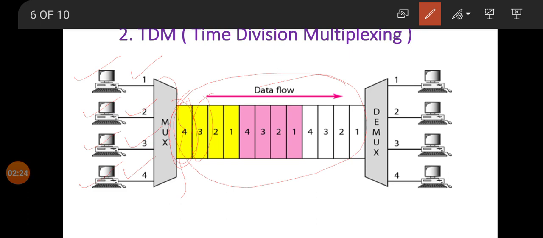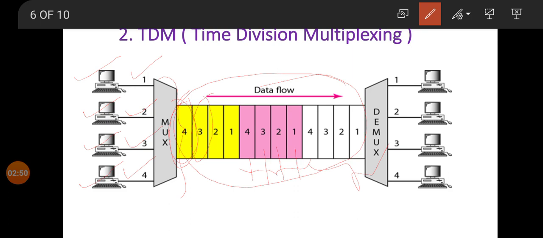Then 12 to 1 system 2, 1 to 2 system 1, again the same procedure. 1 hour for system 4, 1 hour for system 3, 1 hour for system 2, 1 hour for system 1. Again the same until they finish their transmission. Understood? Any doubt here?